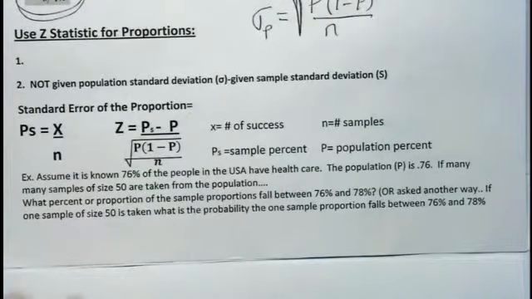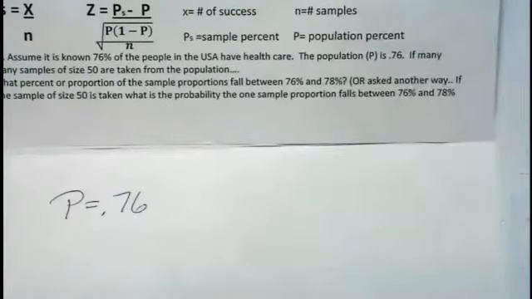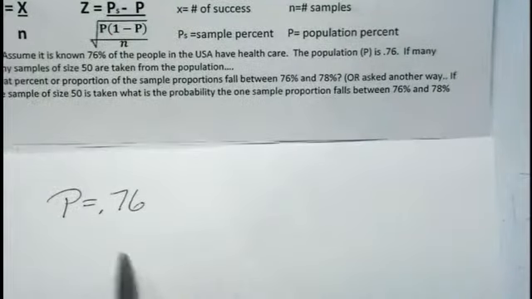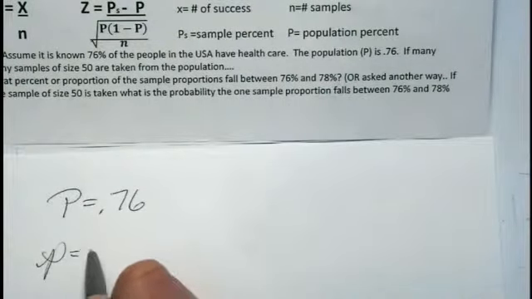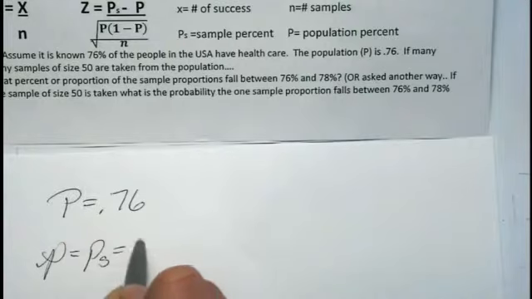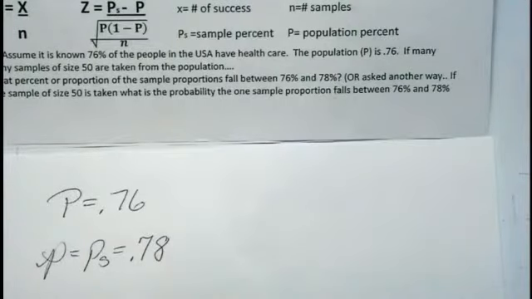Always put it in decimal form. Always. What percent or proportion of the samples fall between 76 and 78? So my sample is 78. We take a sample size of 50.